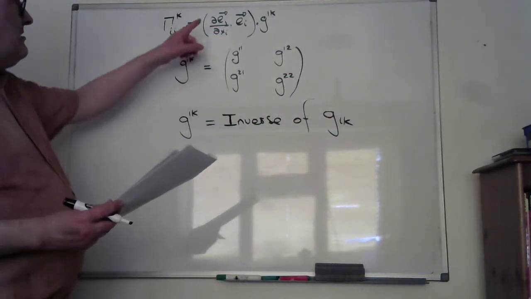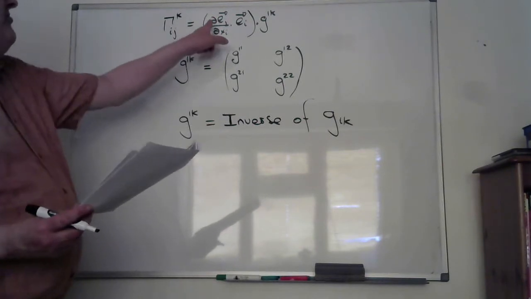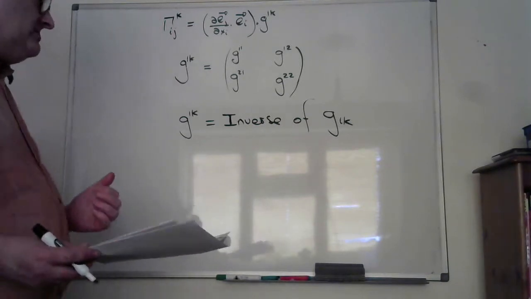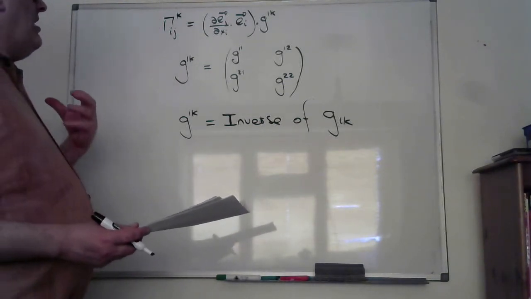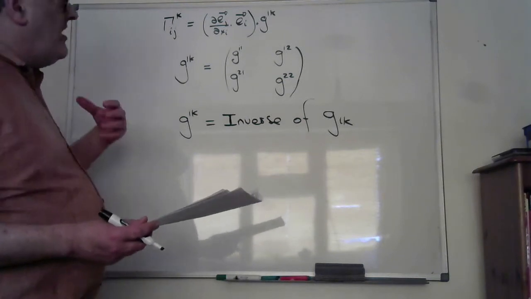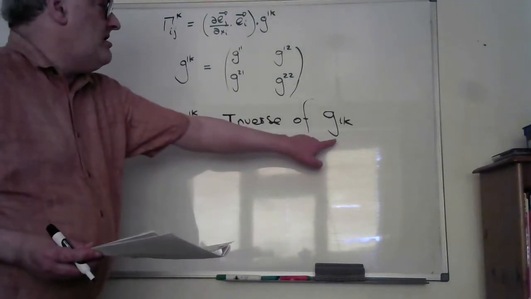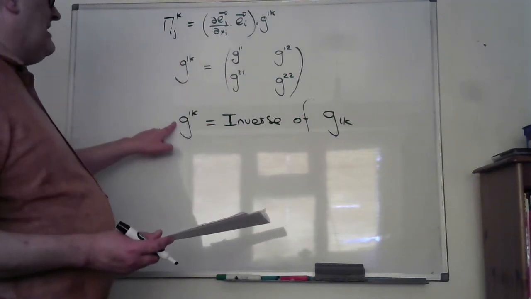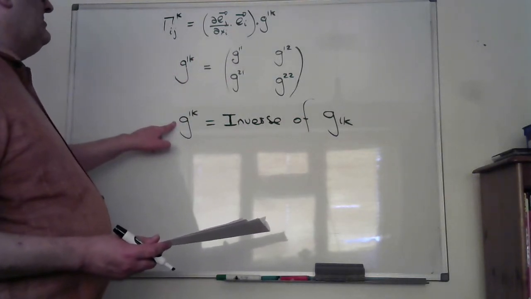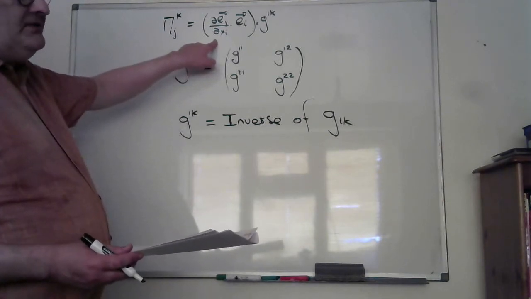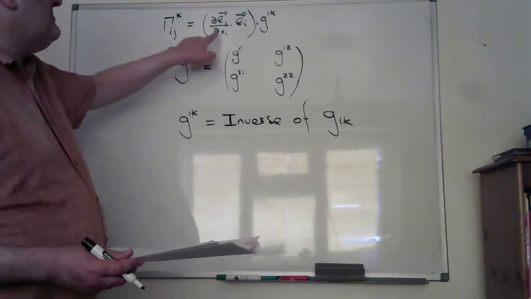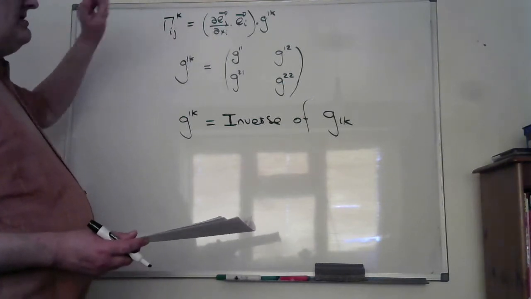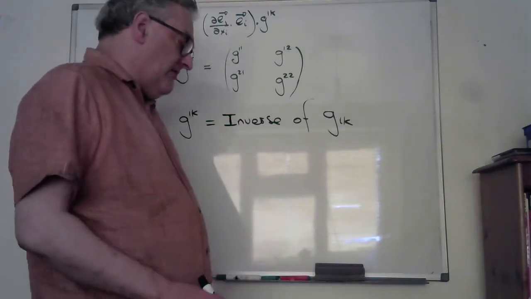And then we can work out this once we know what the g^lk are, and then we have our Christoffel symbol. And that's what we're ultimately going to do. But first and foremost, we're going to work out the g sub lk, then the g superscript lk. And we'll leave that probably until the next video, working this part out in parentheses, and thus therefore work out the Christoffel symbol. So we'll do that probably in part 4.